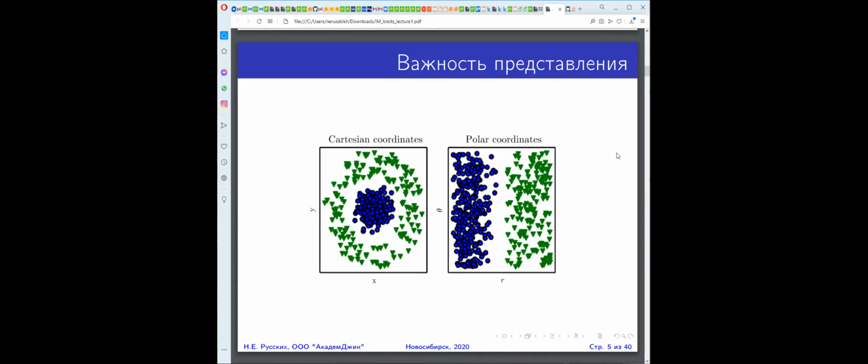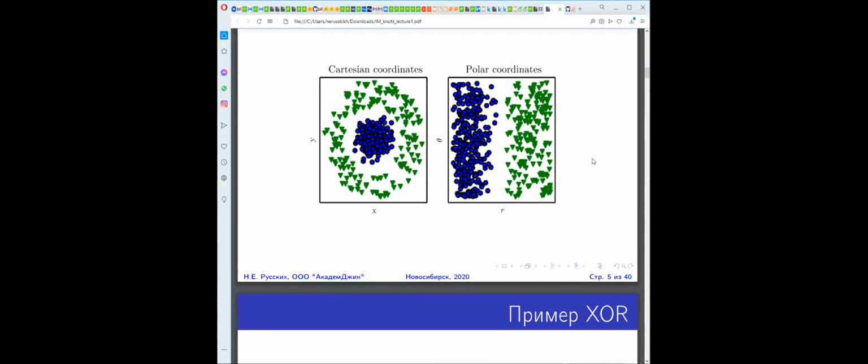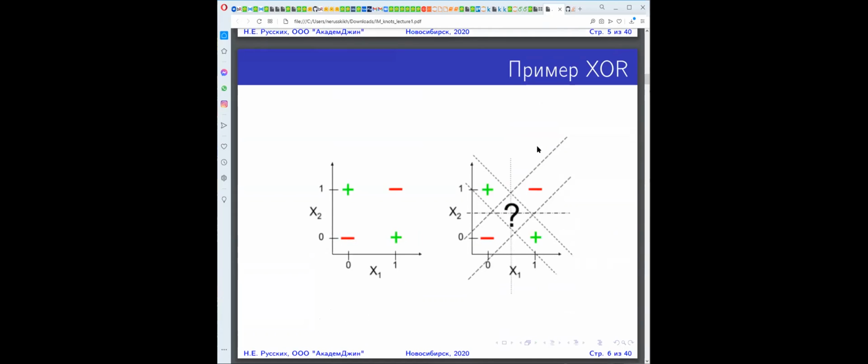Machine learning can do better than just linear classifiers, but still, how you represent your data is highly important. A kind of minimal example is the well-known computer science XOR function.